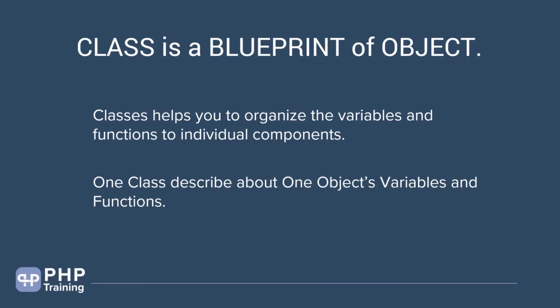This is very important to understand. You have to have this concept that one class is one object and all the variables and functions are specific to that object. You have to have this mindset very clear. When you define one class, that class should represent one object and all the variables and functions should be specific to that class.